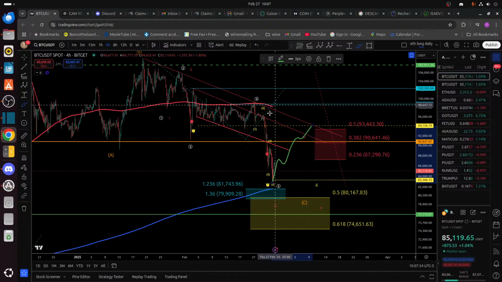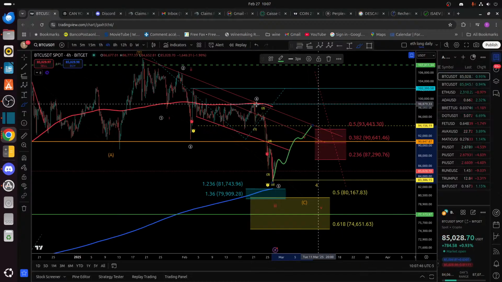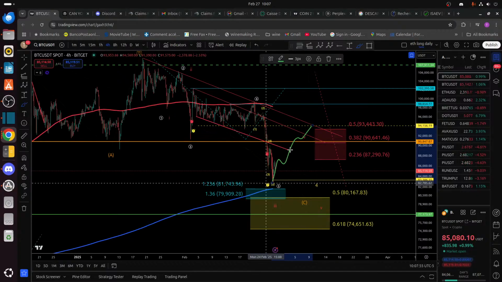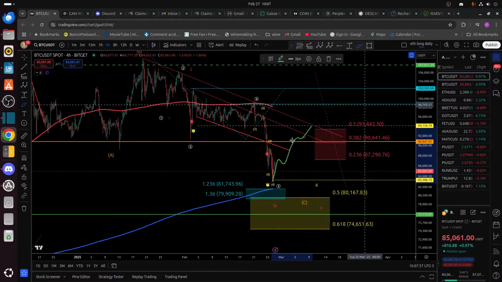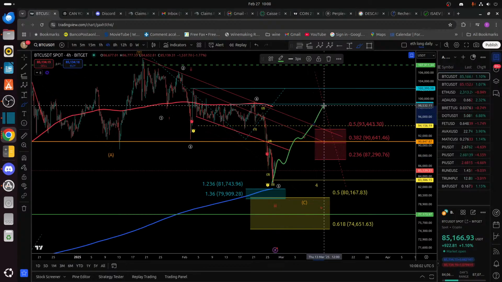And I would say that if we start to go higher than 98,854, then to me it's another hint that more likely we're done with this correction, and if we can reach that level and form 5 waves, that would be amazing. That would be my first hint that this correction bottom has already happened.